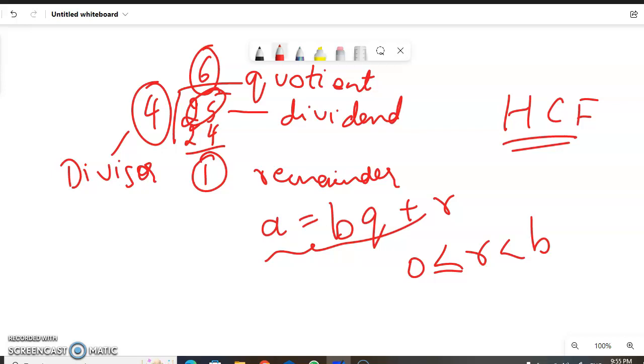Once again a recap: for Euclid's division lemma, where a and b are two positive integers, there exist q and r, again integers, in such a way that a is equal to b times q plus r, where r is between 0 and b. So let us go with the example.